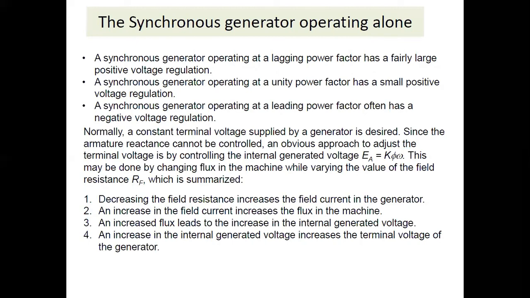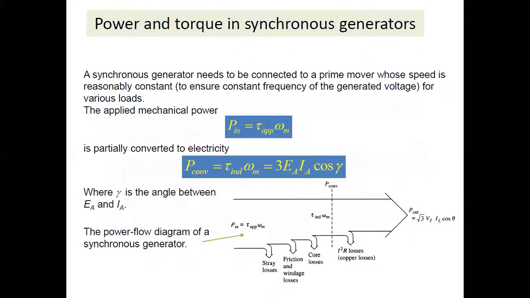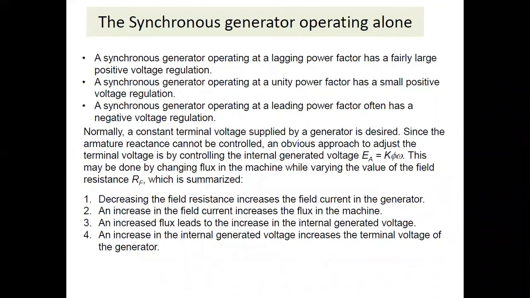So if we reduce the field resistance, which will ultimately increase the field current, as field current increases, the flux will increase. Whenever there is an increase in flux, there will be an increase in internal generated voltage. When we have the increase in internal generated voltage, there will be an increase in the terminal voltage of the generator.